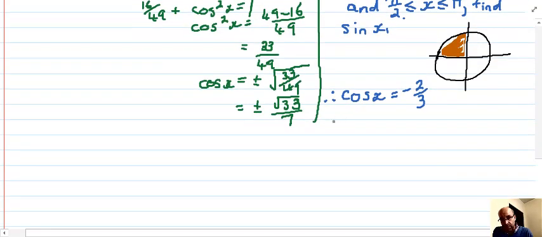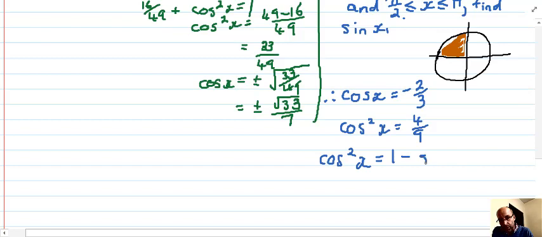Okay, so cos squared x is the square of that. Now it's a positive 4/9. And we use the rearrangement of the Pythagorean identity, as such. You can see that there.